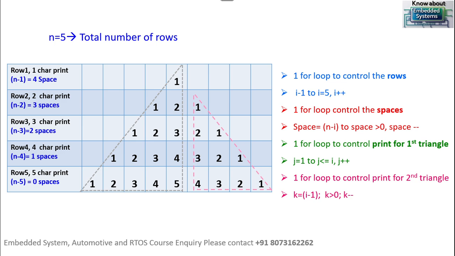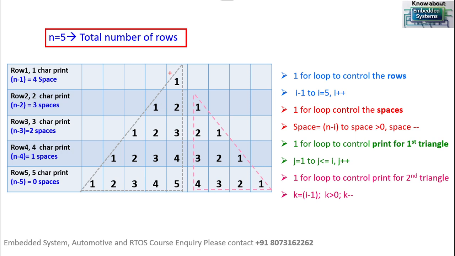Now, if you want to print, I told you there is a logic, right? Let us consider I have 5 rows here. N is equal to 5, which is the number of rows. Now see what is happening in the first row.